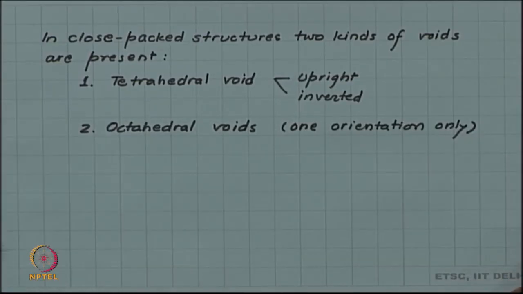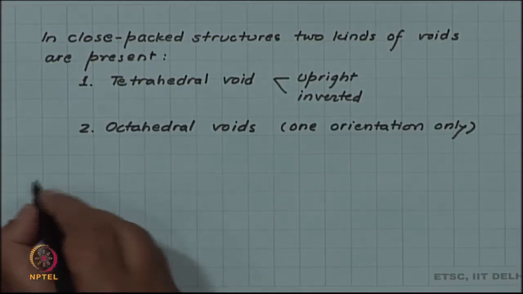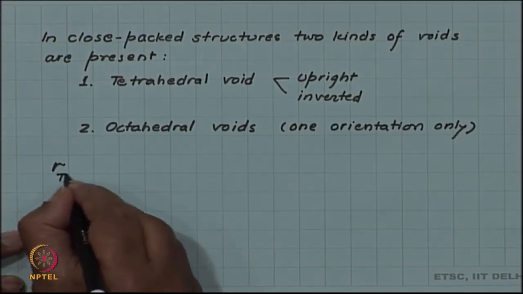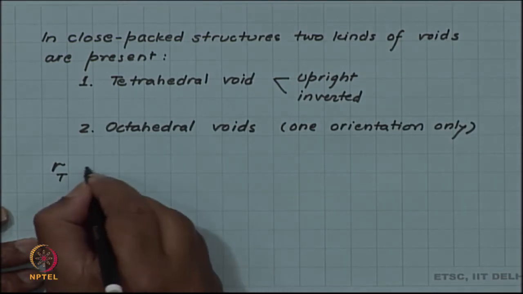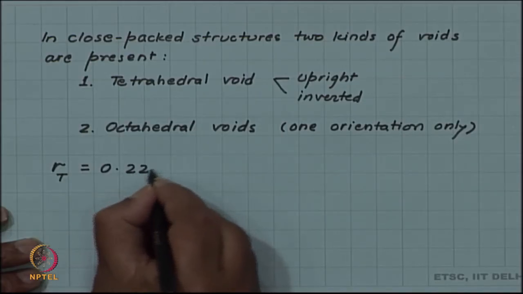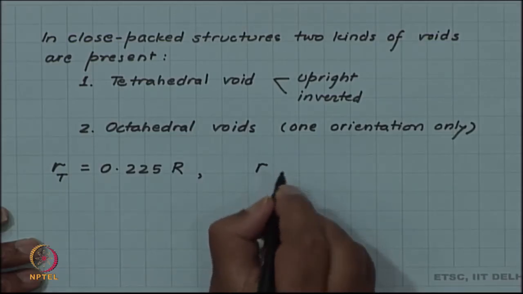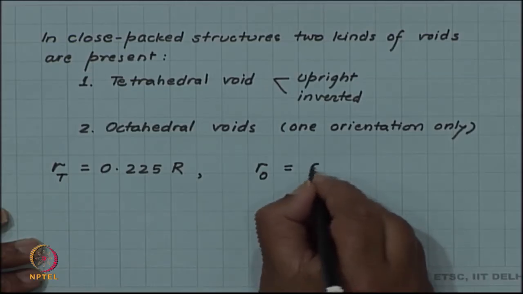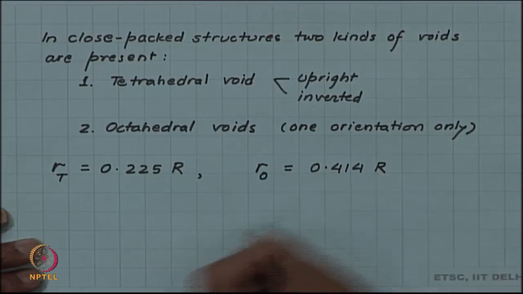And we computed the sizes of these voids also, by showing that the radius of the largest atom which can fit in a tetrahedral void, r t, was approximately 0.225 r, and the radius of the octahedral void was 0.414 r.